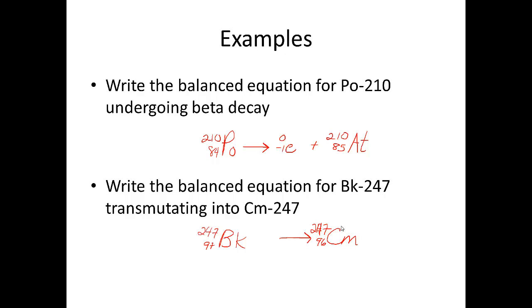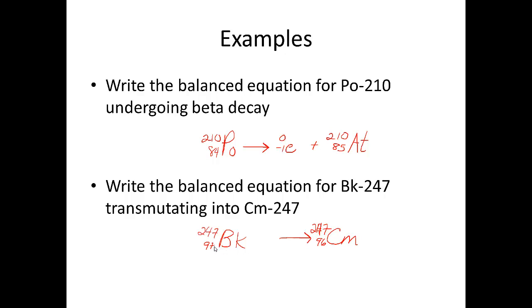So then it's kind of a puzzle. Is it an alpha decay? Was it a beta decay? Was it an electron capture? How did it go from this to this? Well, first thing I notice, it has to be something with no mass change. So I know I'm either losing an electron on this side or I'm adding an electron. Then I look at my atomic number. If I put the electron on this side, that would mean that I would see this decrease.